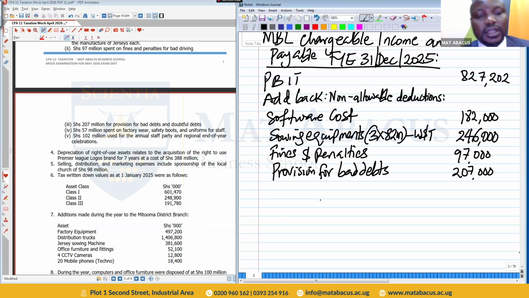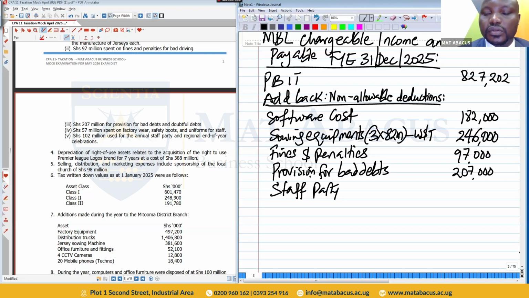Factory wear, 57 million was for factory wear. Factory wear or uniform that is given to staff is an allowable deduction. Annual staff parties, staff party is disallowed. What you need to note is that section 22, subsection 1 gives a general principle on expenses that are allowable and expenses that are disallowed.